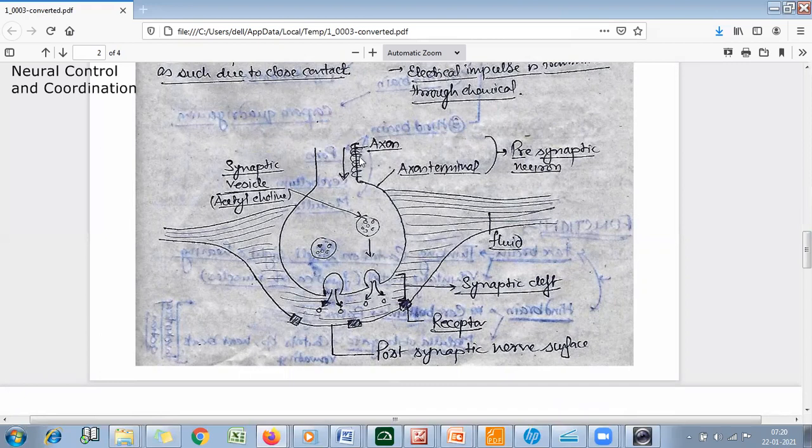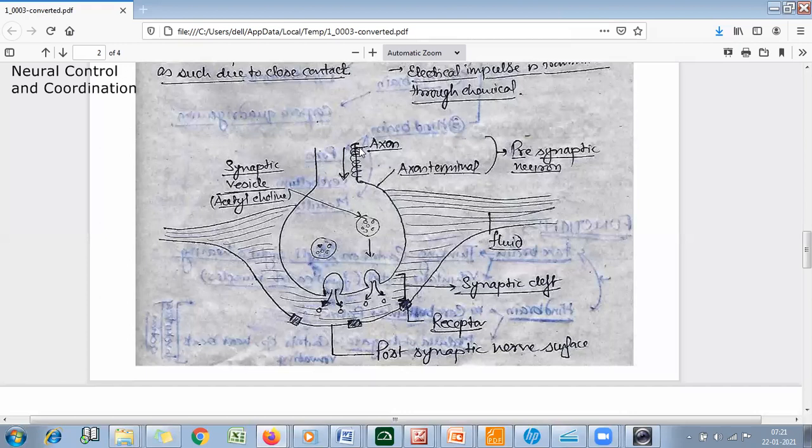So what happens? We can see here the electrical impulse comes through this axon along its length, and when it reaches the end, it will reach the button or knob-like structure. We have already talked that this structure contains a neurotransmitter, and this chemical neurotransmitter is called acetylcholine, and this acetylcholine is present in several vesicles or pouch-like structures.